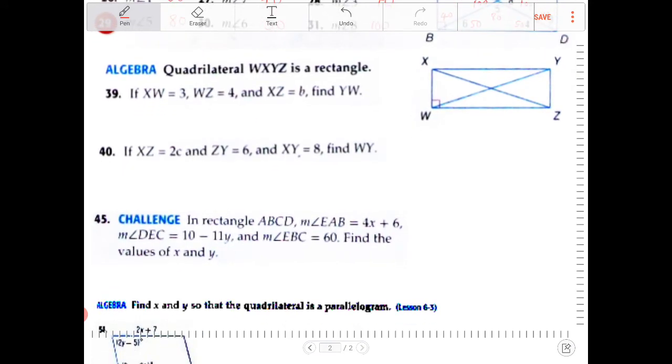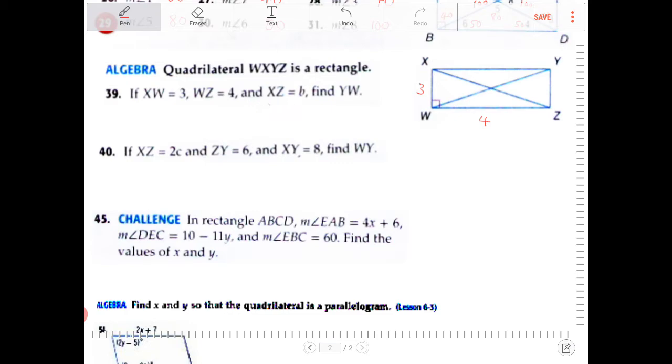Okay, question 39. If XW is equal to 3, WZ is equal to 4, and XZ is equal to B, find YW. Okay, so in other words, this is a 3, 4, 5 triangle.